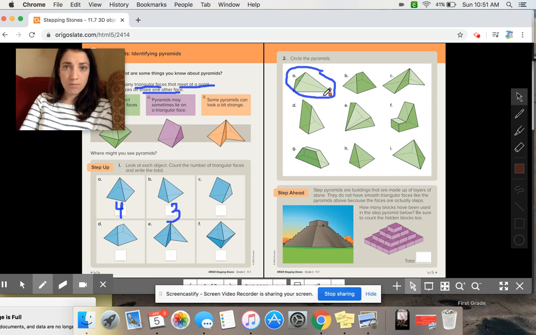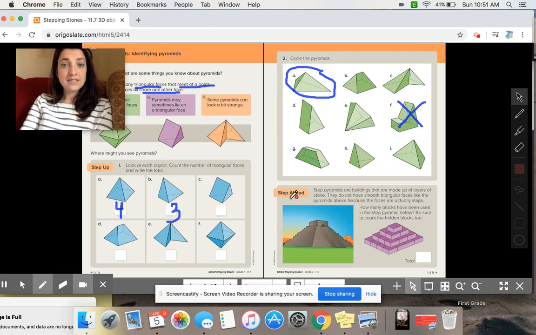They do all share the same base face, but they don't have those triangular faces meeting at one point. So this is not a pyramid. There's a couple more that aren't pyramids in there. I'd like for you to try and find all the pyramids and put an X on the ones that aren't pyramids.